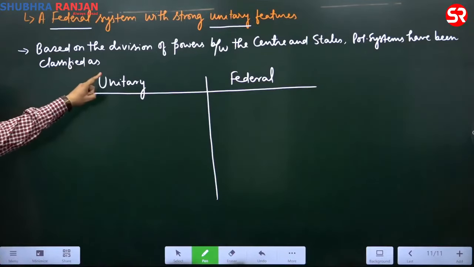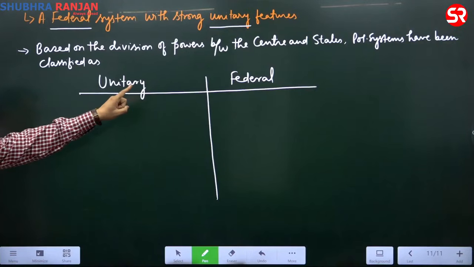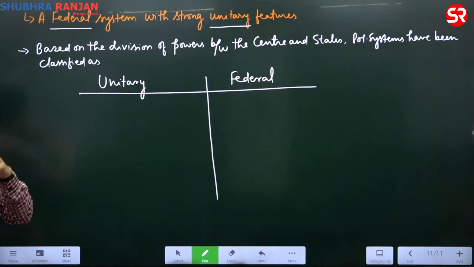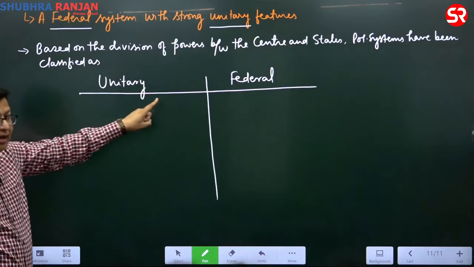Based on the division of powers between the central government and the state government, how the powers will be divided between the center and the states, we have the unitary system and the federal system.